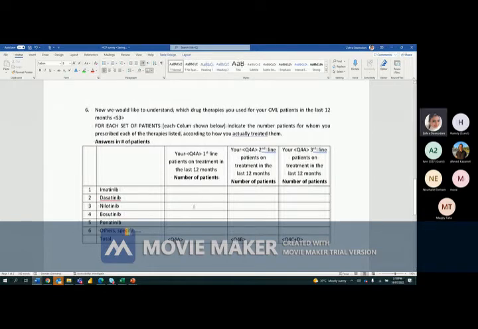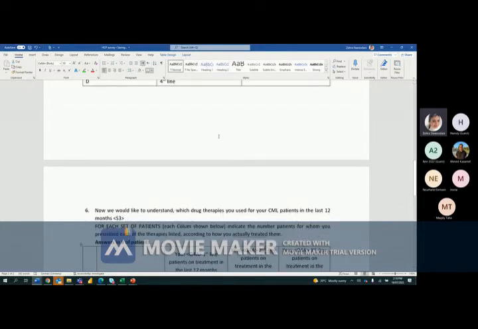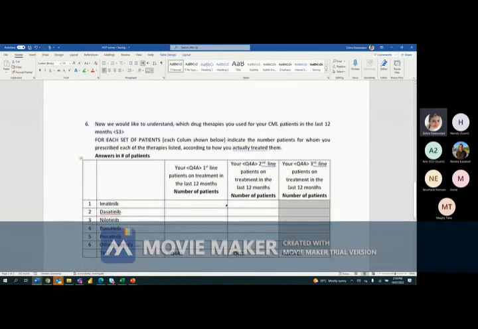So in fact, in this case, because there is no combination treatment given, it will always be equal to. It will not really be more than, because all drugs are single treatments. It's usually more than or equal to when there are combination treatments. In this case, there aren't any combination, so it will always be equal to the total over here.